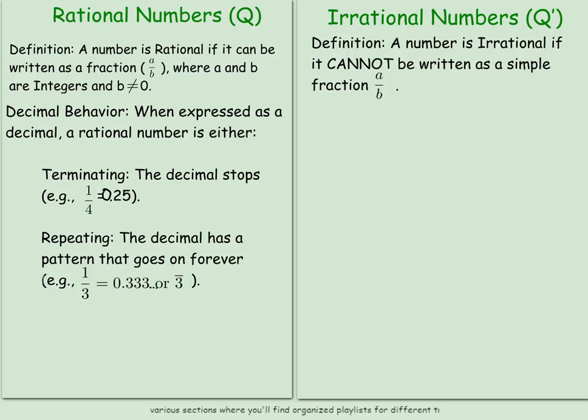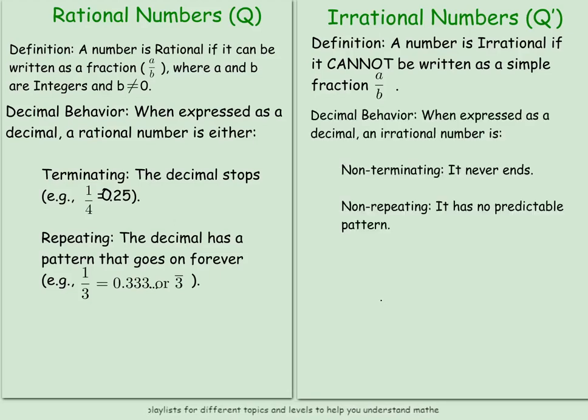No matter what you do, it cannot be written. The emphasis here is cannot. You cannot write irrational numbers as simple fractions. So just as we look at the decimal behavior of rational numbers, let's look at the decimal behavior of irrational numbers as well.